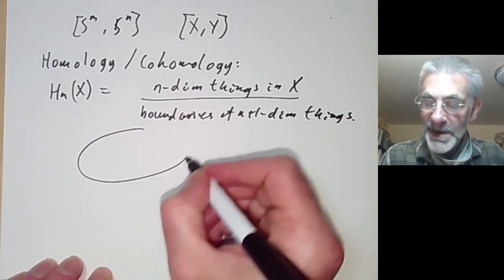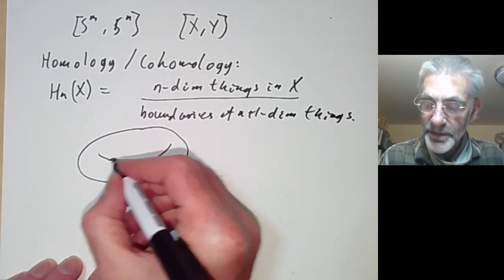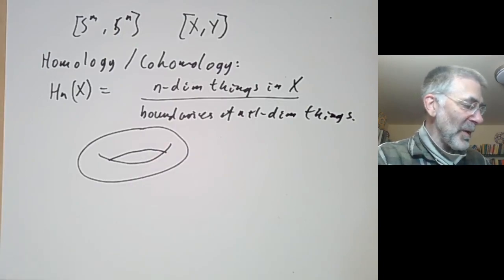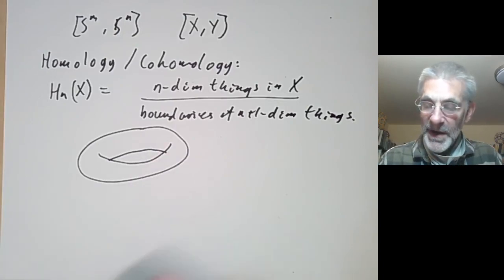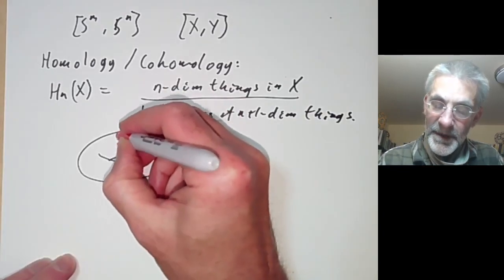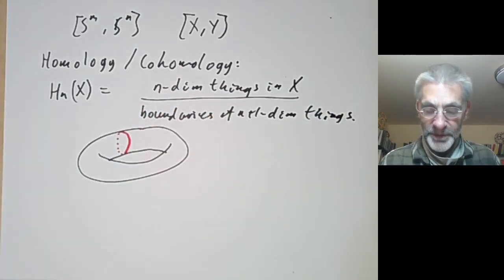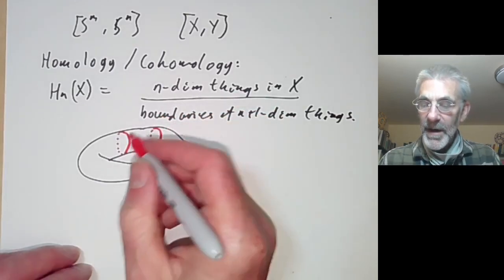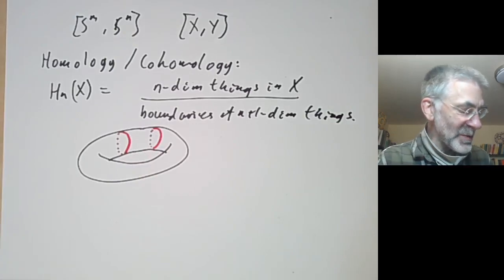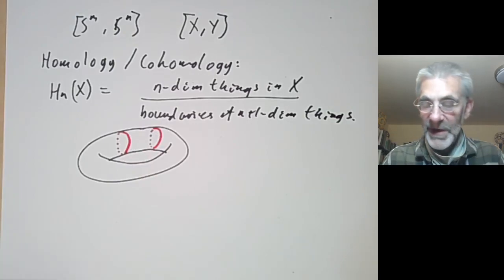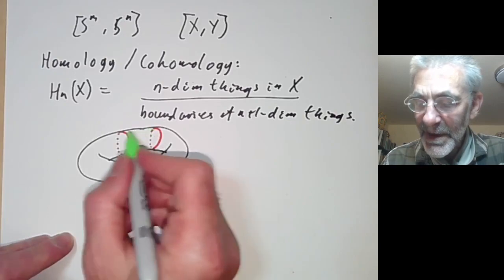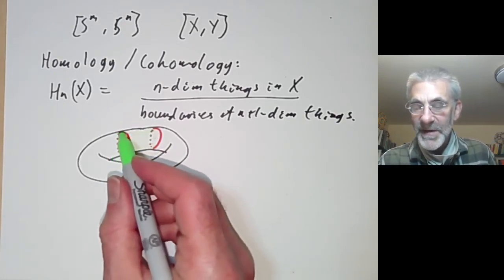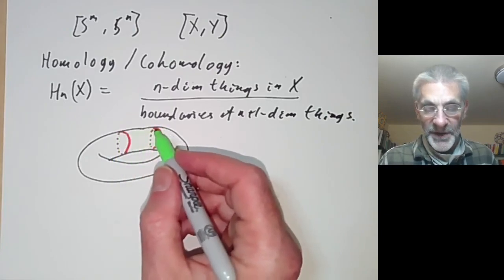Suppose, for example, we take a torus. Then we might have an example of a one-dimensional thing, a sort of circle in the torus going round like that. And we might take another one-dimensional thing. Well, the difference between these is really a boundary of a two-dimensional thing, because we can have this two-dimensional green thing here, and you can see its boundary is this circle minus that circle, at least if you orient everything.